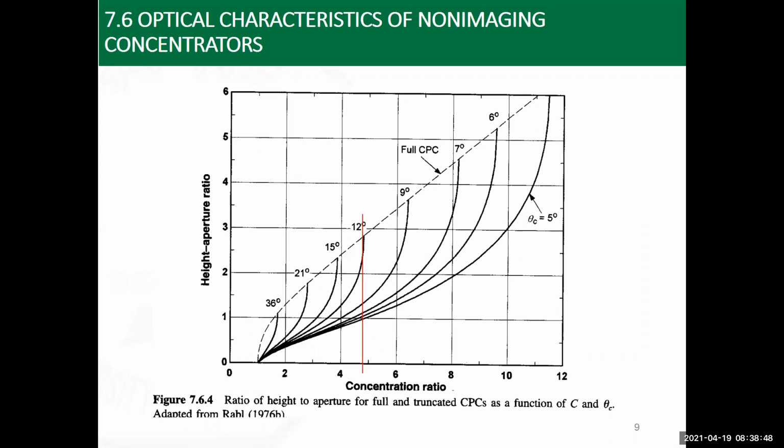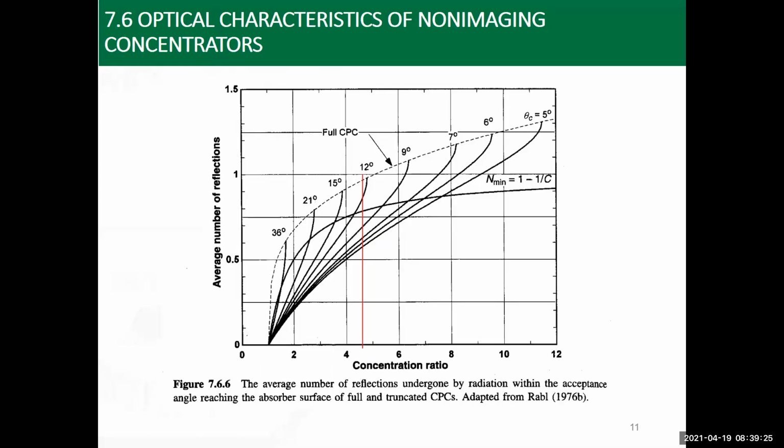Or in other words, for the case of a full CPC, as we'll see in an example here, if you are talking about a full CPC at an acceptance angle of 12, then at this acceptance angle, you can determine what should be the concentration ratio and what should be the ratio between the height to the aperture, so that in case you are designing a unit and you are looking for a certain specific concentration ratio, you can reach it by knowing what would be the angle. Or the opposite, if you have the angle, you can determine what would be the concentration ratio.